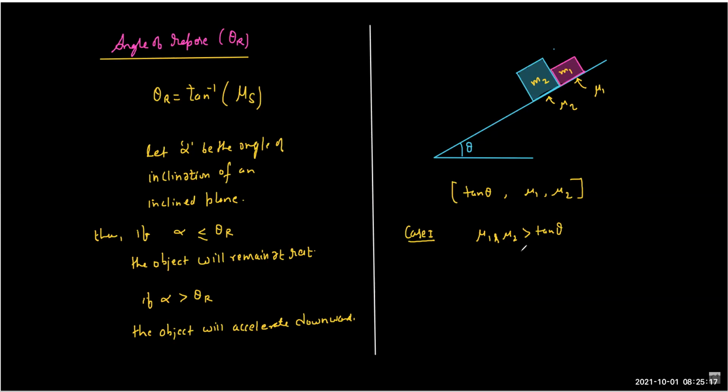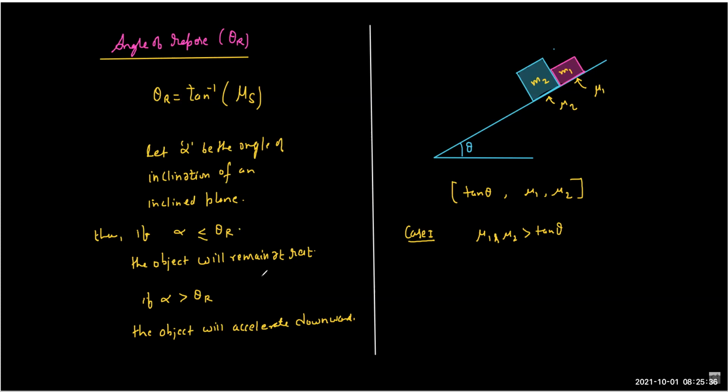Why? Because the friction has won the match. You can think of it that way. The repose angle is tan inverse mu, so theta here is less than tan inverse mu. This is case one.